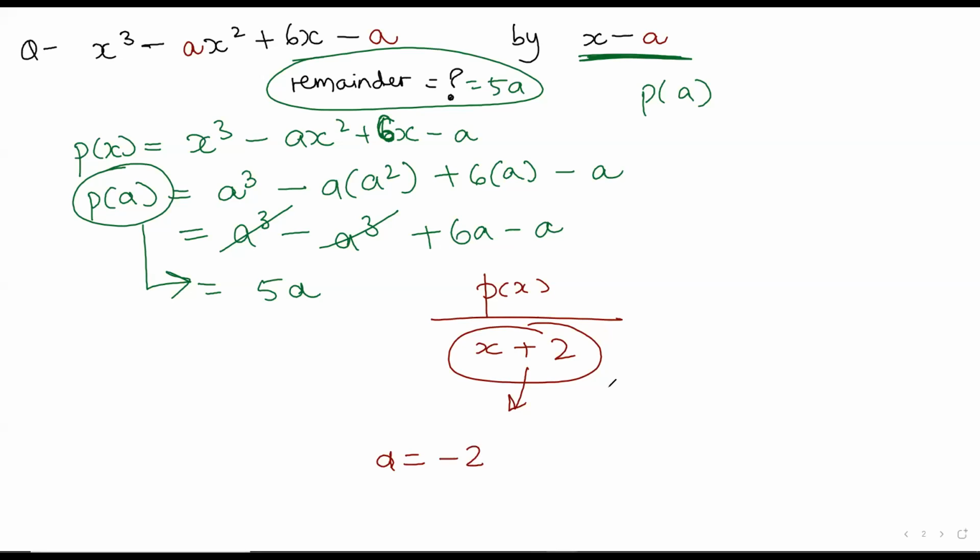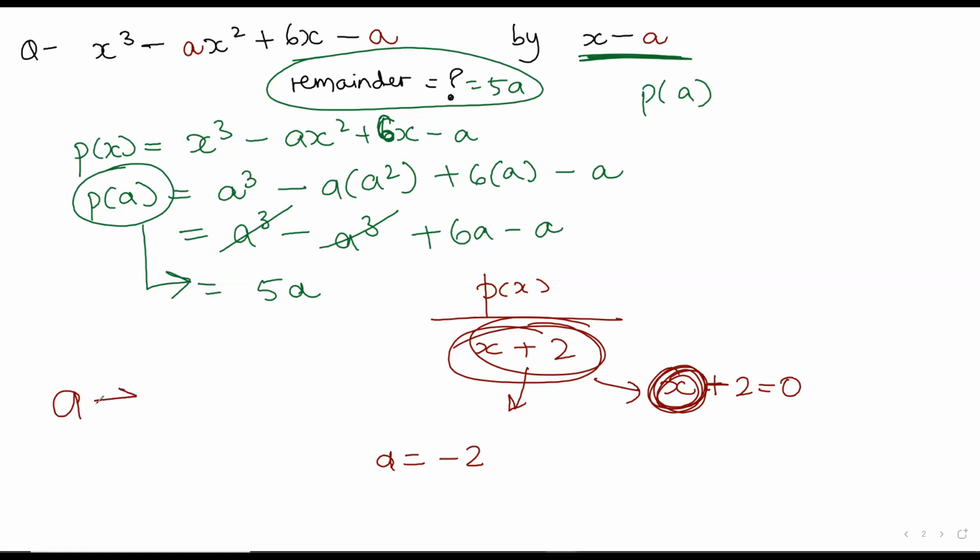How did we do that? We did that because we said x plus 2 is equal to 0. So essentially what we were subconsciously doing was equating this part to 0, and finding out the root of this linear polynomial.